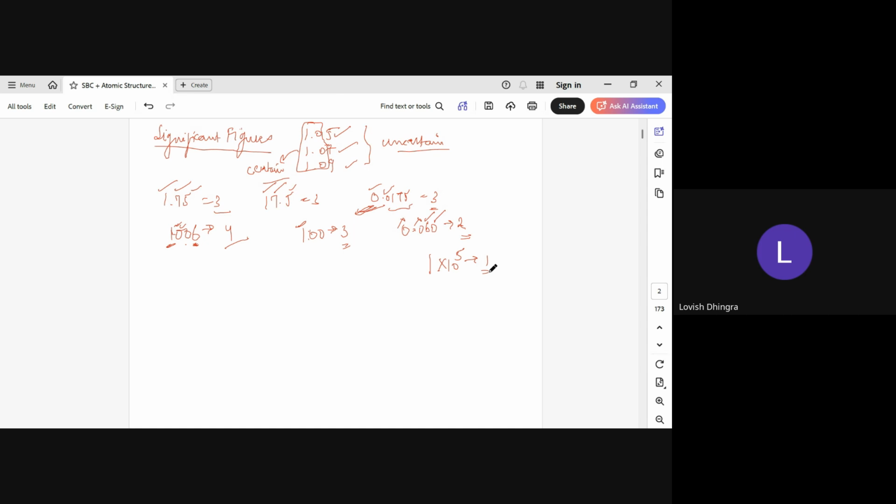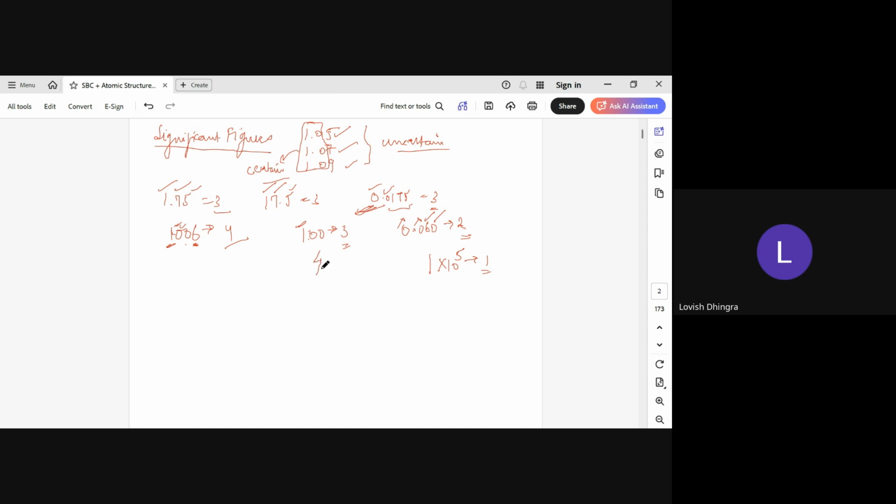Now next, if I say I have 4 books, or 4 pencils, how many significant figures will there be? Infinite. Yes, infinite, because I am saying I have 4 books or 4 pencils.